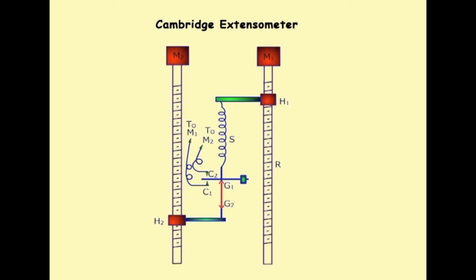The leaf spring is eventually pulled away from C1 and the motor M1 is switched off. Thus, the cycle of events continues till the specimen breaks. The Cambridge extensometer works under this principle, and this is one of the important testers that are being used in the industry today.